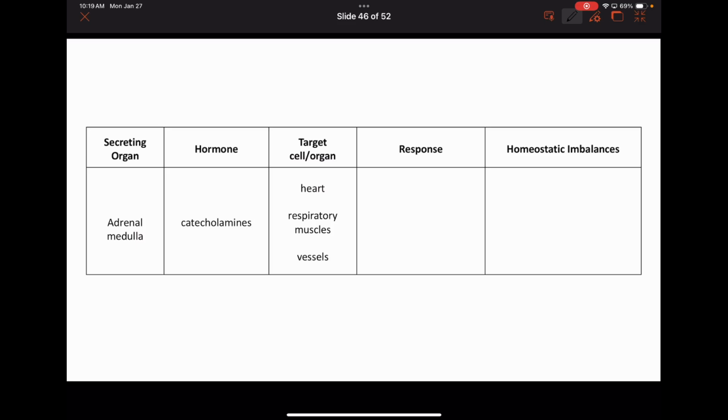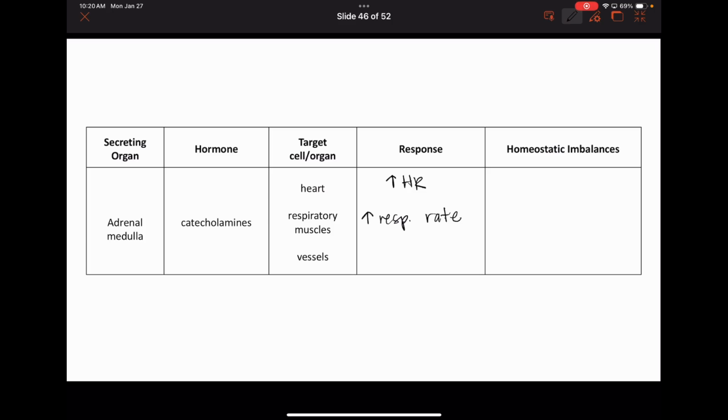Our catecholamines, epinephrine and norepinephrine, target the heart, the respiratory muscles, and the blood vessels. At the heart, it's going to increase your heart rate, because remember, this is for your fight or flight response. We're going to have an increase in your respiratory rate at the respiratory muscles.